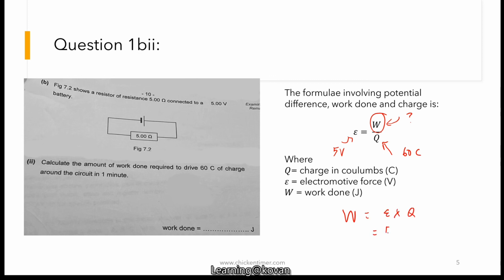That means it's 5 volts times 60 coulomb, 300 joules. Isn't it enough already? Then in that case, this is just a piece of information that is there to serve to confuse.